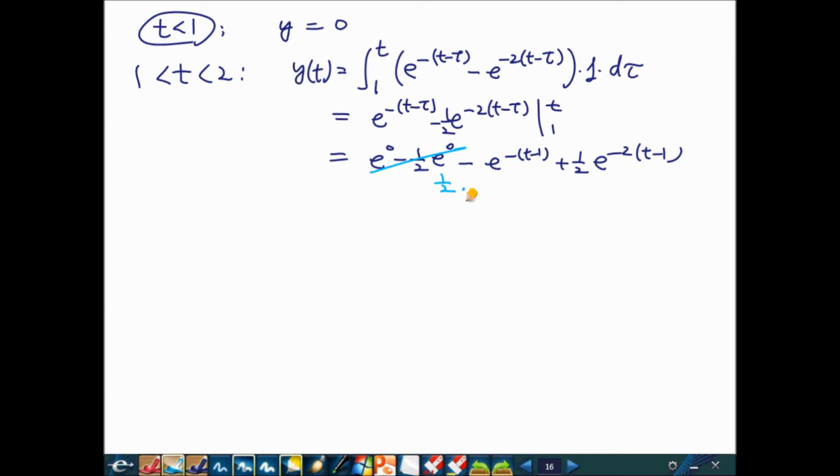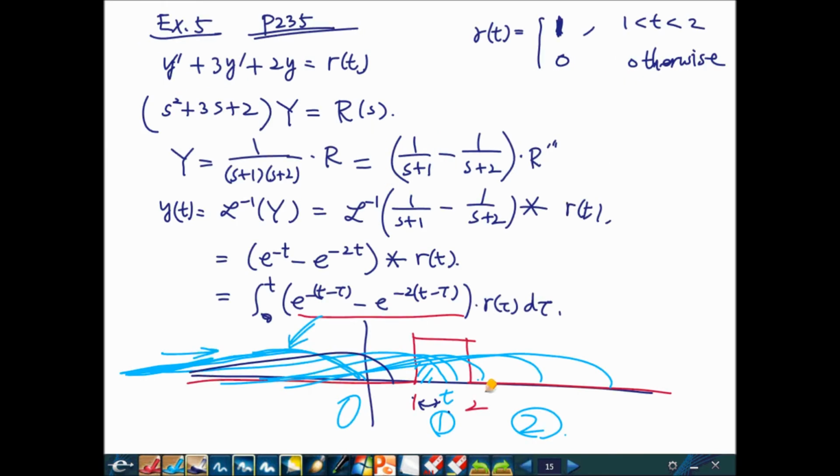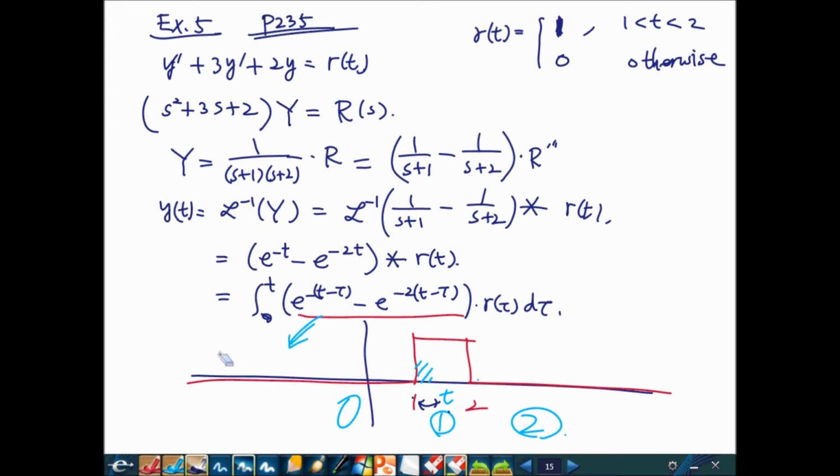And t greater than 2: the head is starting to leave the square. So the integration is always 1 to 2.